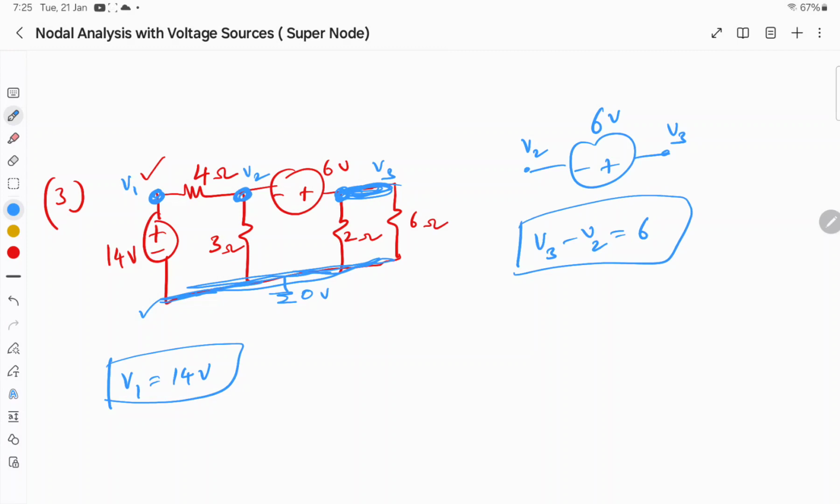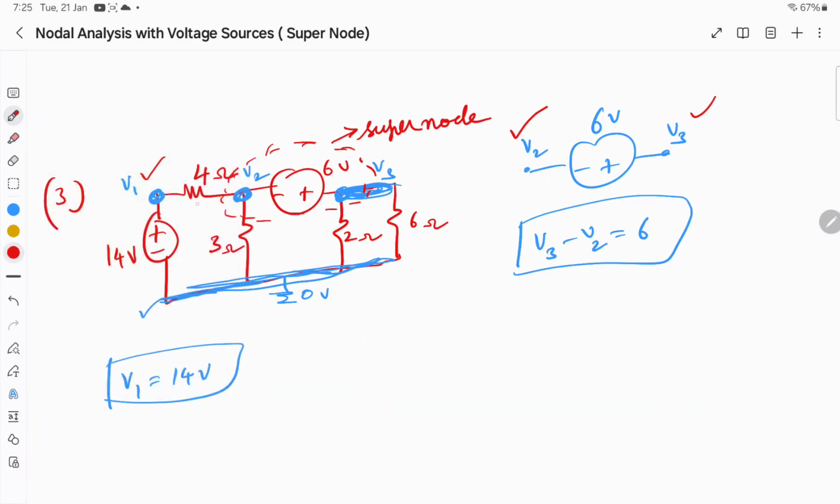Okay, now this is the super node. The voltage source exists between 2 non-reference nodes. This is the super node, and you can assume the current directions like this. Arbitrarily, we can assume the direction.